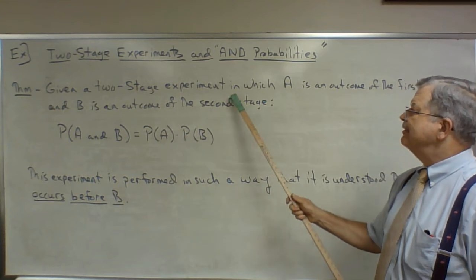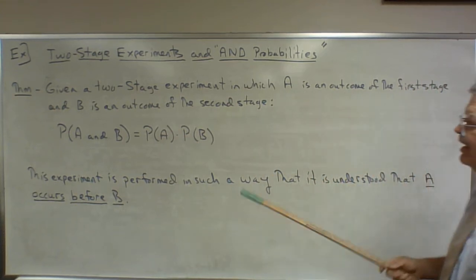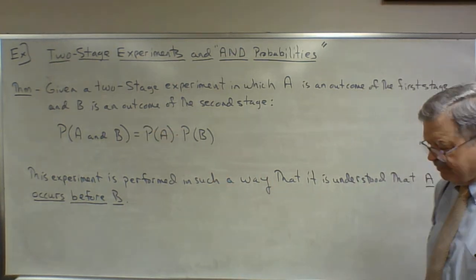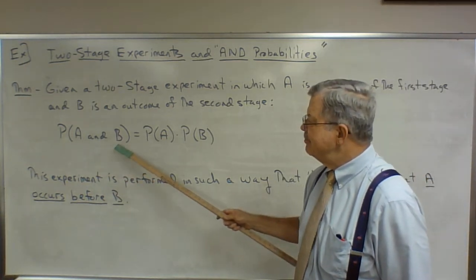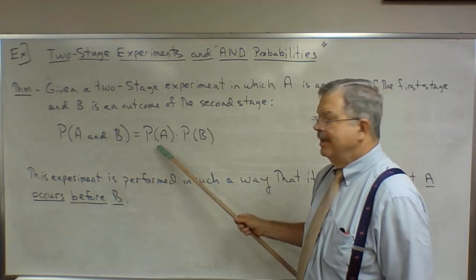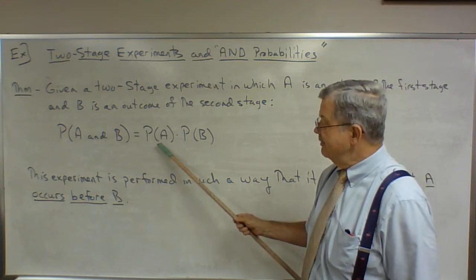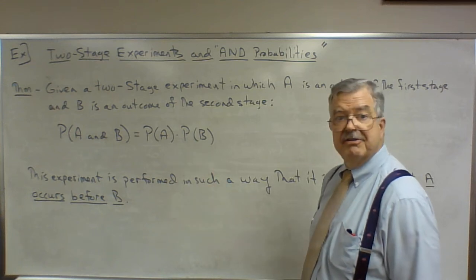Given a two-stage experiment in which A is an outcome of the first stage and B is an outcome of the second stage, the probability that A and B occur is the product of the probabilities that A occurs in the first stage times the probability that B occurs in the second stage.